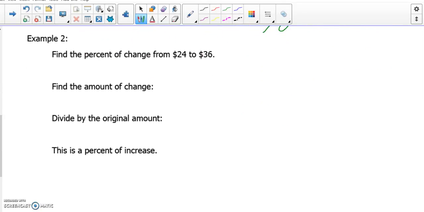And for our next example, we want to find the percent of change going from $24 to $36. So remember, $24 is our original and $36 is our new. So we want to find the amount of change. So remember, we're going to do new minus the original.